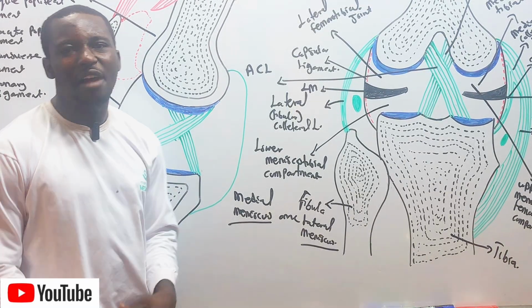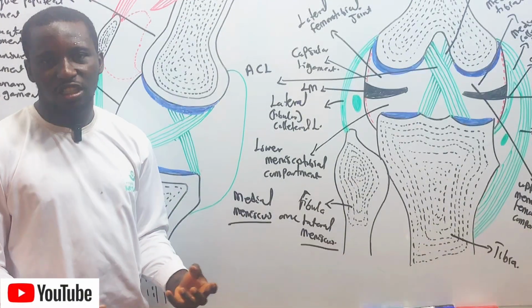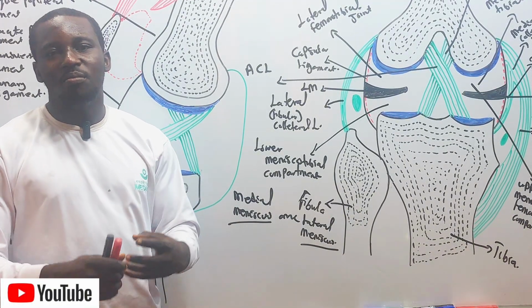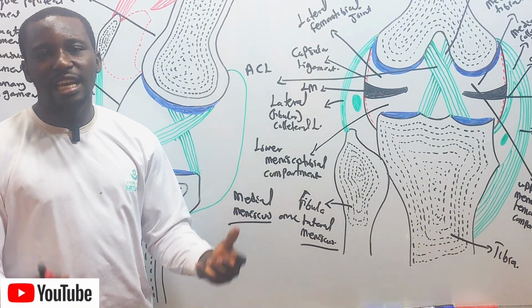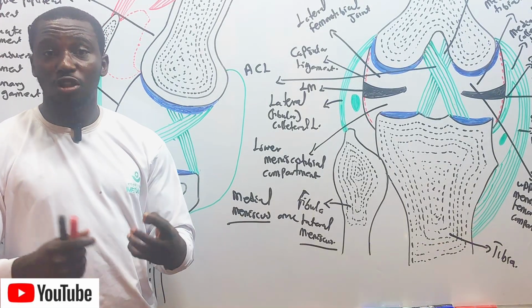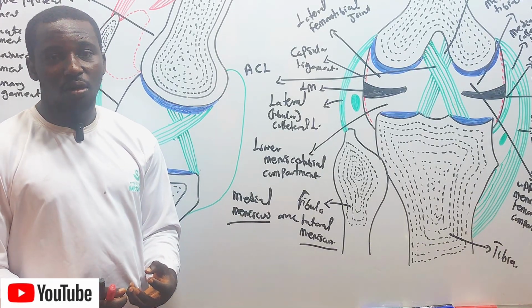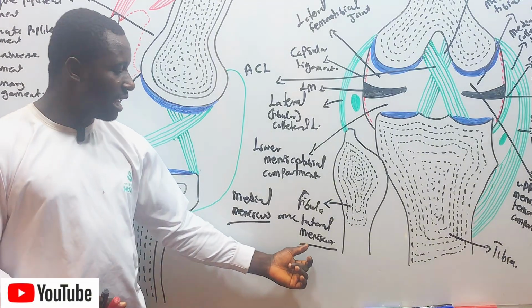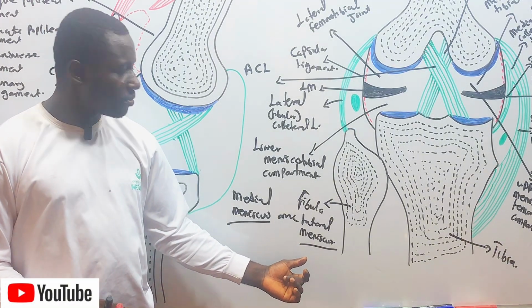That is why we have a clinical correlate of the knee joint known as the meniscal tear, the tearing of the meniscus. So the medial meniscus is more prone to injury compared to the lateral meniscus.